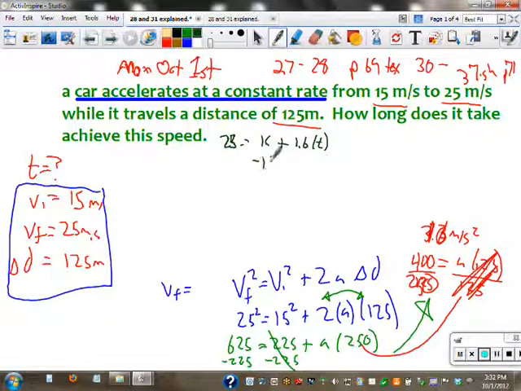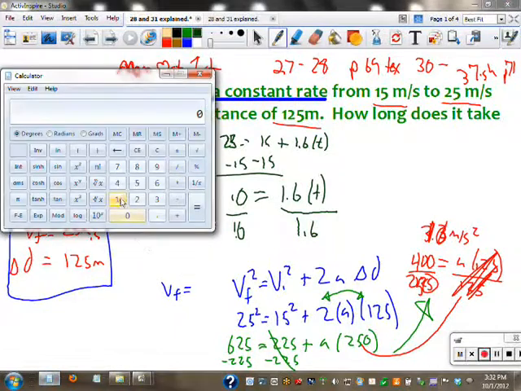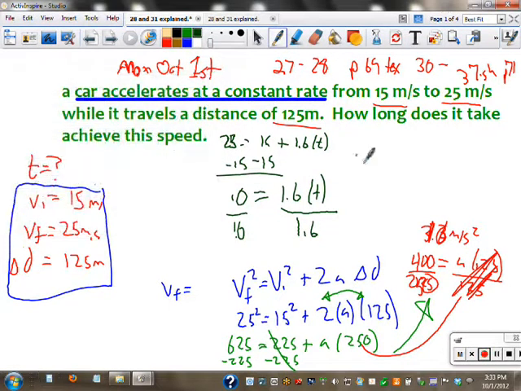So minus 15, 10 equals 1.6 times time. I need to get this by itself, so I do the opposite function, divided by 1.6, and there's our answer. 10 divided by 1.6 equals 6.25 seconds.